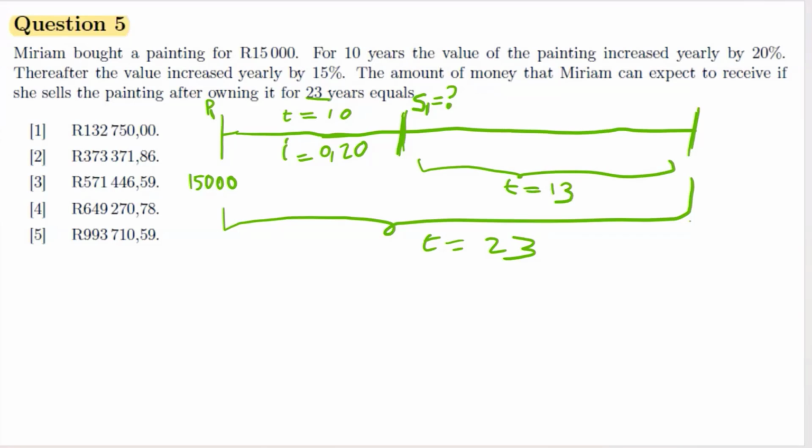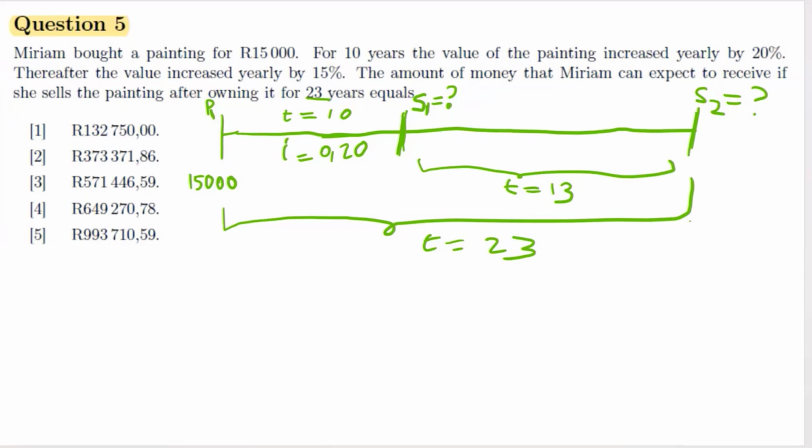Okay, and then in the end, it must accumulate to the final amount. Yeah. So one can ask, why are you having S1 and why are you having S2? The reason why I'm having those two is because there was a breakdown somewhere and the interest rate changed.